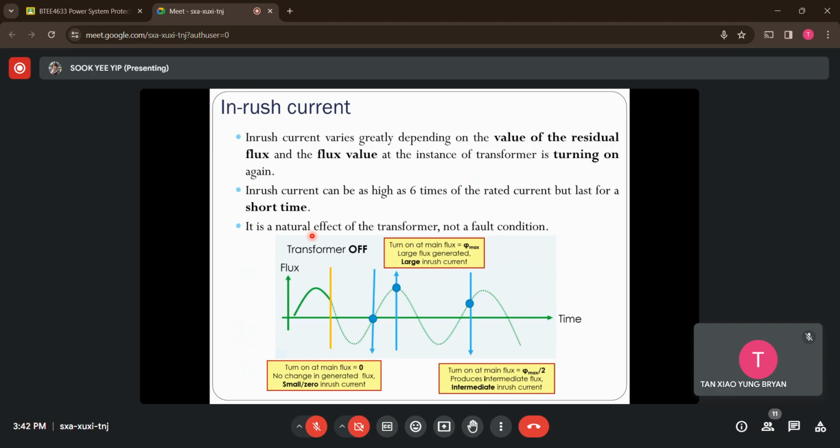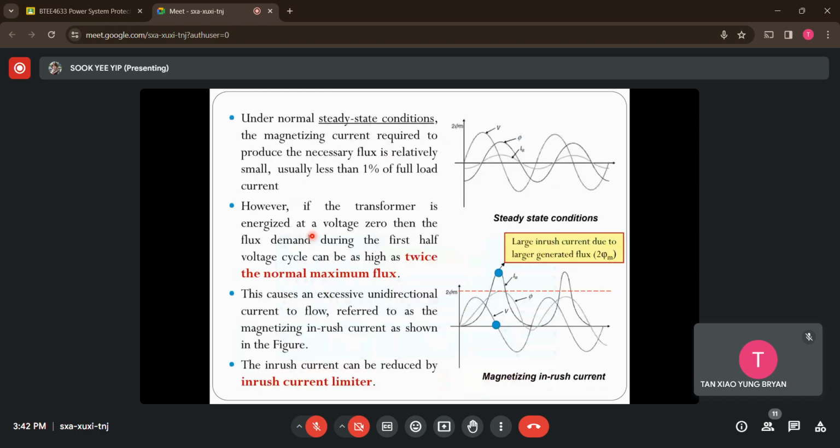Okay, so now let's move on. Now we want to compare different parameters of the transformer when turning it on and off. If you refer to these two figures, the figure at the top is during steady state condition. This is the voltage supply, this is the generated flux within the core, and this is the magnetizing current flowing through the winding.